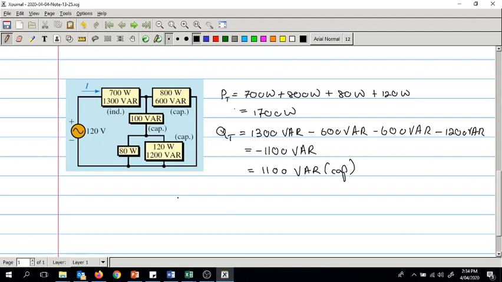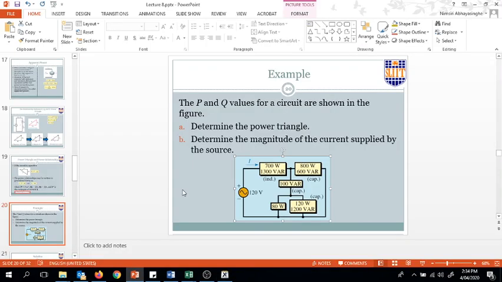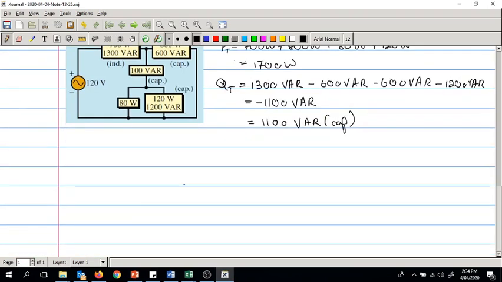So now we are supposed to draw the power triangle. So we have P. How much is it? Oops, let's enable this feature. P is 1700. Q is less than that, and it is negative because it is capacitive, so I'm drawing like this, right? This is Q, and S is here.